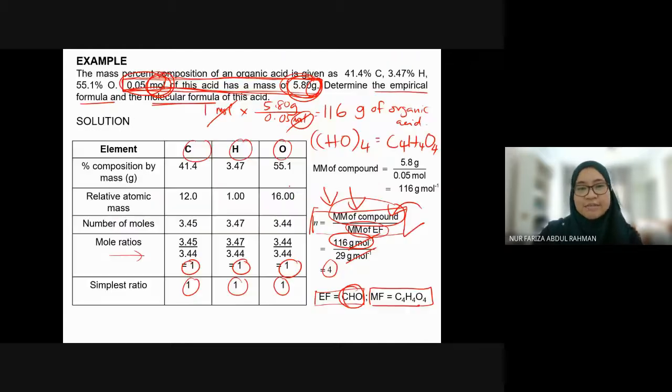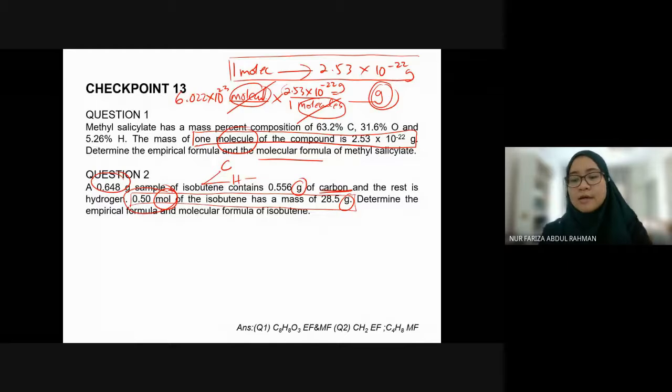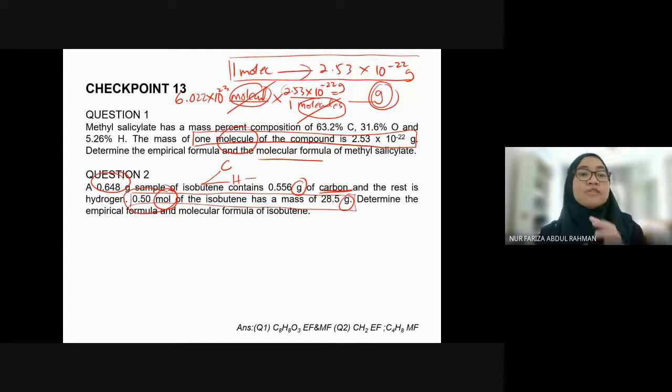This is similar to our example. You need to find the mass for one mole. That is the idea that you may need when you are trying to solve this problem.